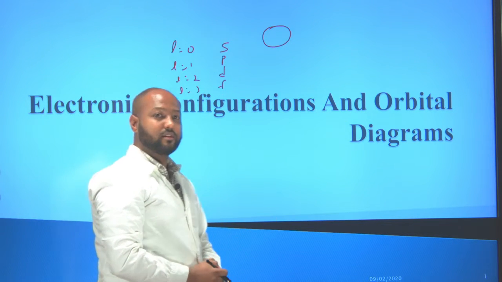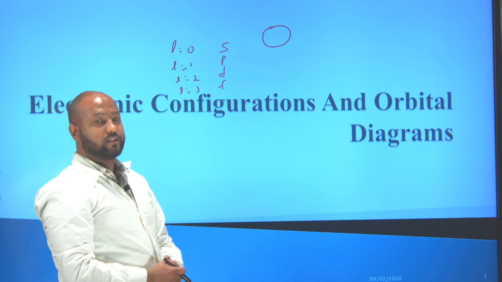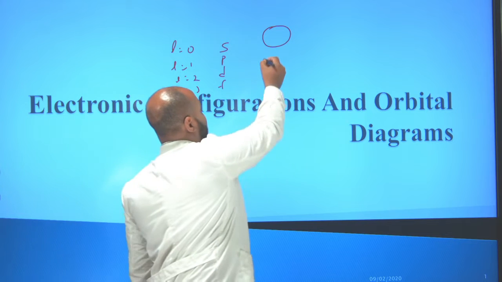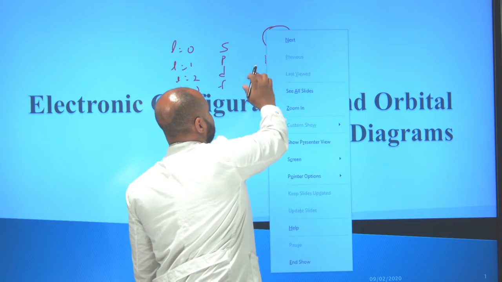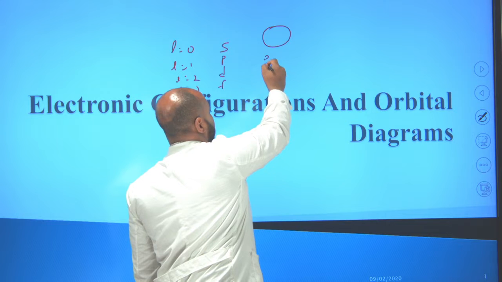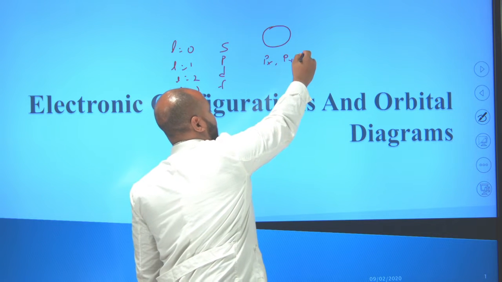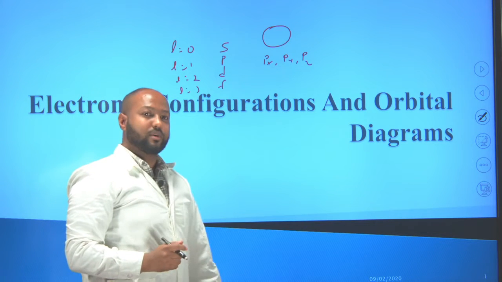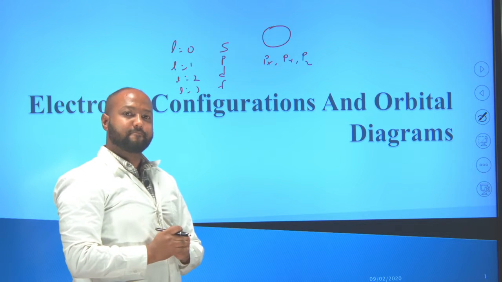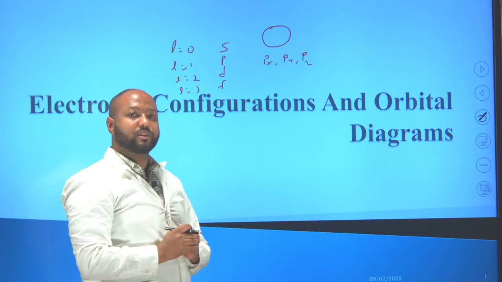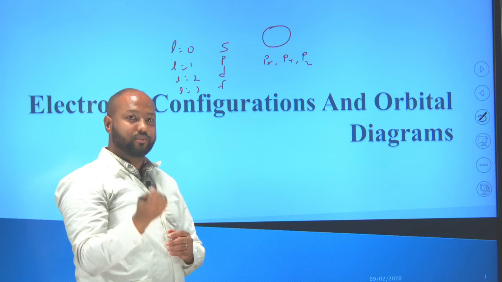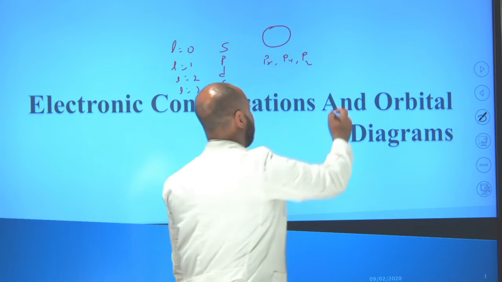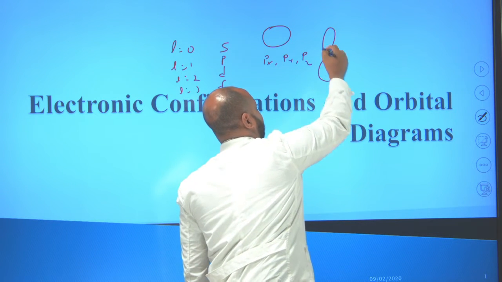For P, as you know, P has three orientations or three orbitals, that's Px, Py, and Pz. What does the shape of P orbital look like? The shape of P orbital is dumbbell shape. You know dumbbell? It has a shape like this.